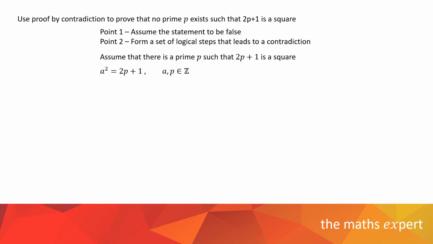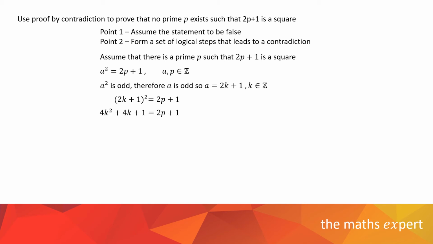As a squared is 2 times an integer plus 1, we can say that a squared is odd, and therefore a is odd. So now we can write a as 2k plus 1 for some integer k. We can now substitute in, again, expand, and simplify.